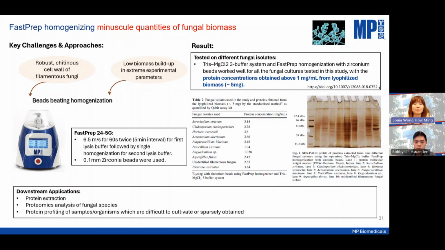With small particles like zirconia beads, they are brought together within the fluid vortex during homogenization, and this creates a shearing effect to fully homogenize hard samples, so we get the most out of it even with as little as 5 milligrams of fungus in this case.